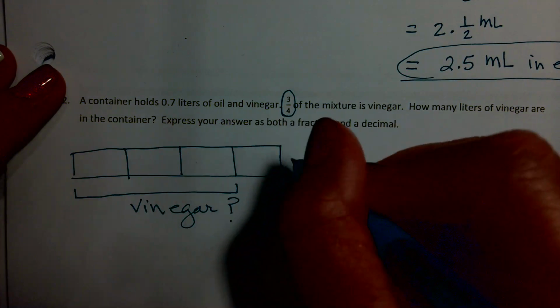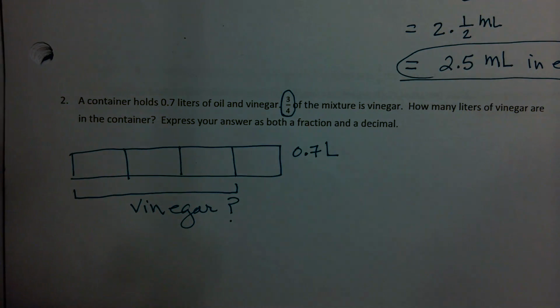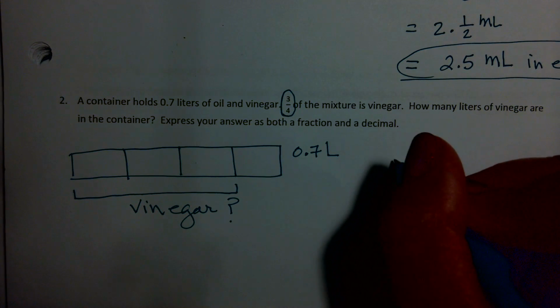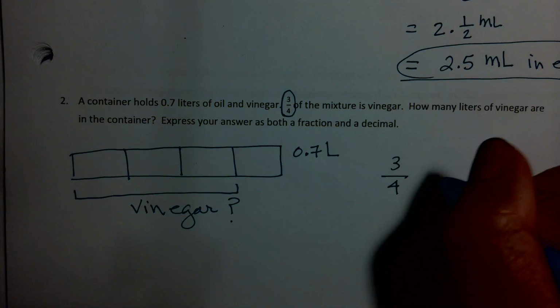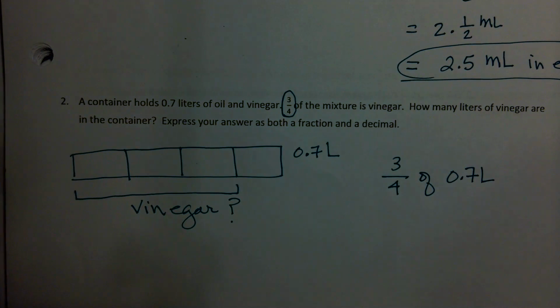And we know this whole thing is equal to 0.7 liters. All right, so what are we trying to find? Well, we're trying to find 3/4 of 0.7 liters.